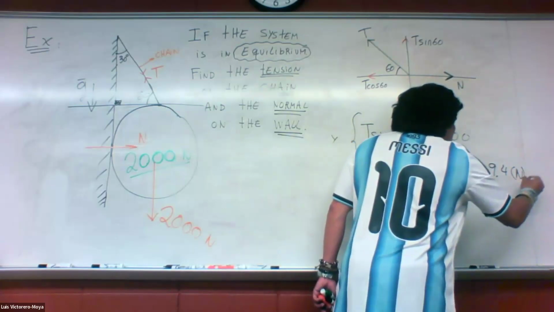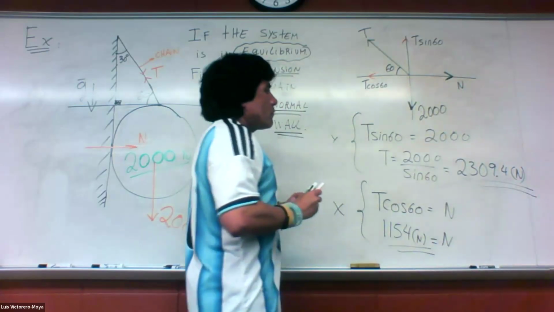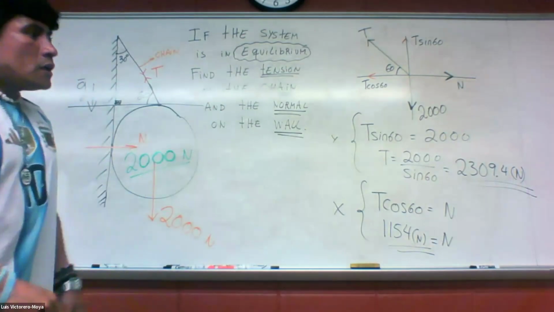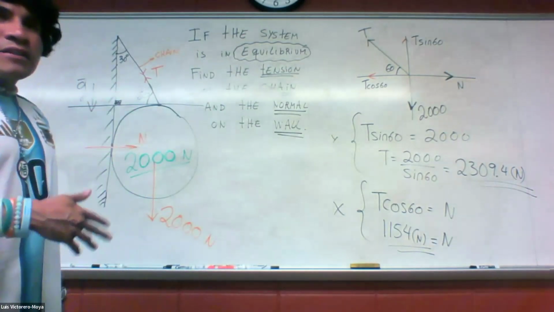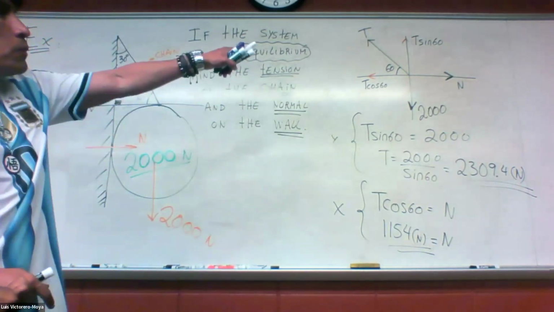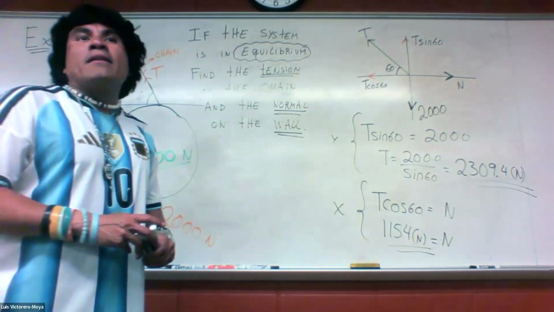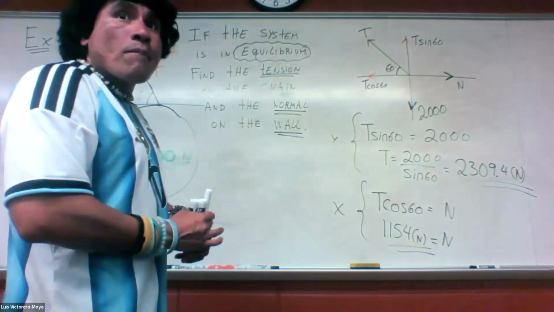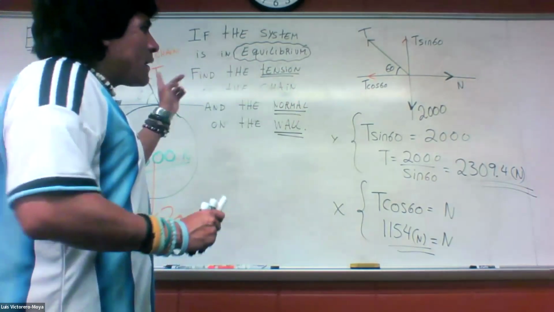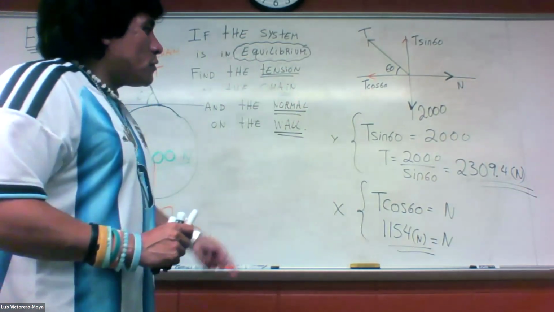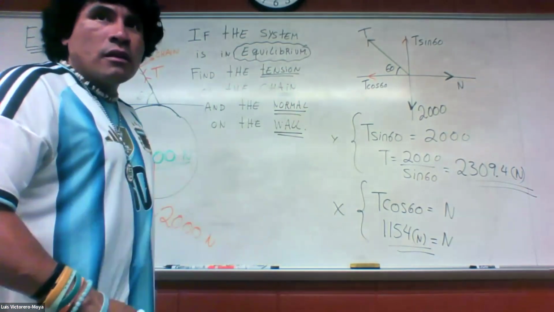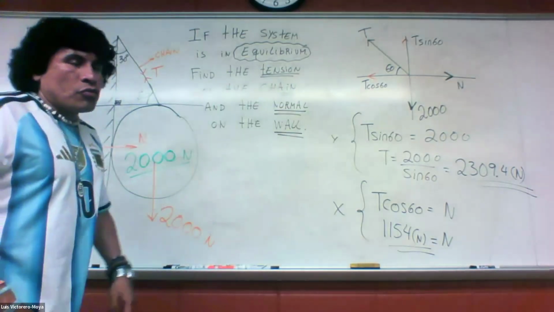Normal, tension. All right? So these two examples have to show you two things: the importance of angles, trigonometry, vectors that we're going to be doing still, and free body diagrams, forces, weight, tension, normal force, equilibrium.